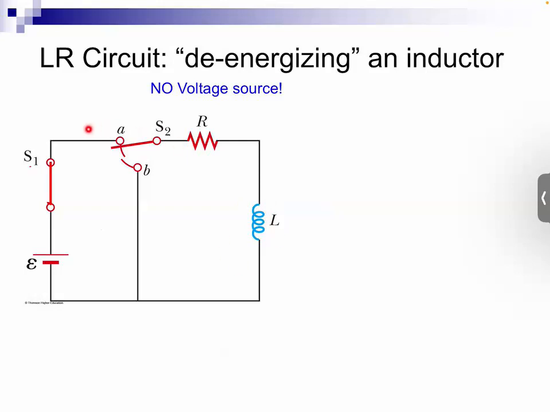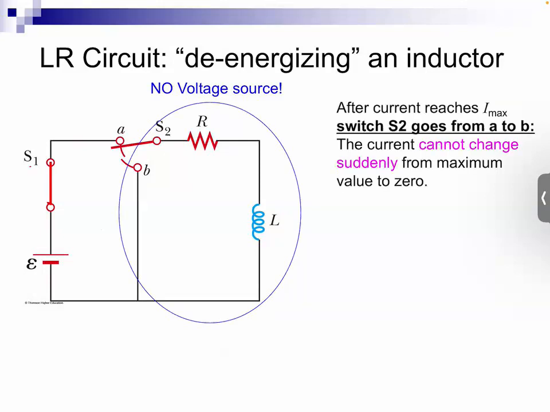Now, once your inductor is fully charged, right? Initially you have this circuit with a voltage source or a battery that charges up your inductor. Once your inductor is fully charged and you flip the switch to position B, such that you isolate the inductor and the resistor from the voltage source, you only have this circuit containing an inductor and a resistor.